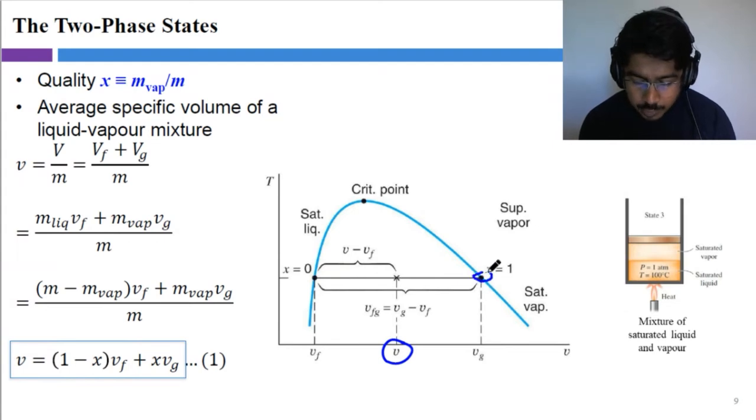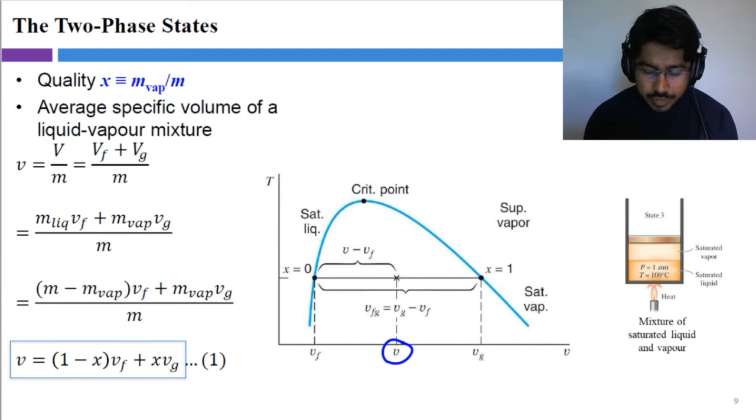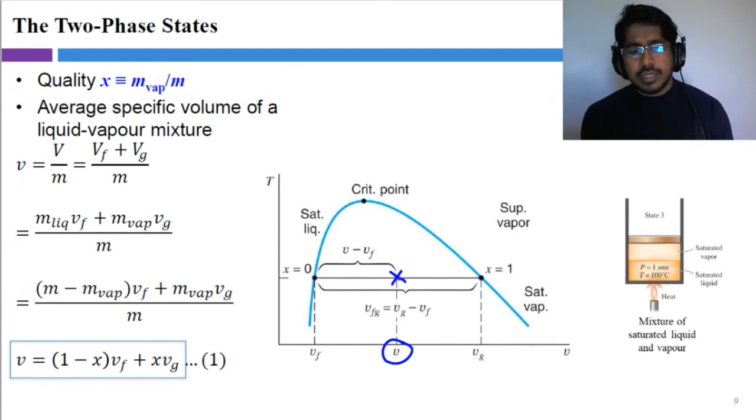Now, as we mark the point, we have a state. And we use another parameter called quality to define how much vapor mass we have in the mixture compared to the total mass of the mixture.